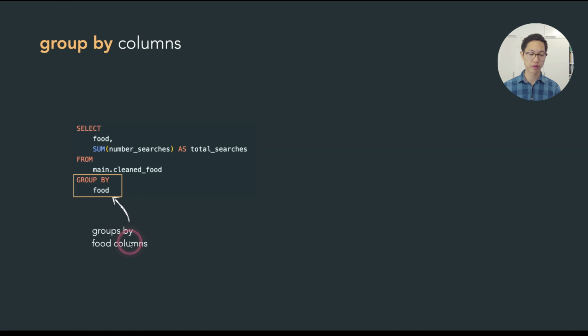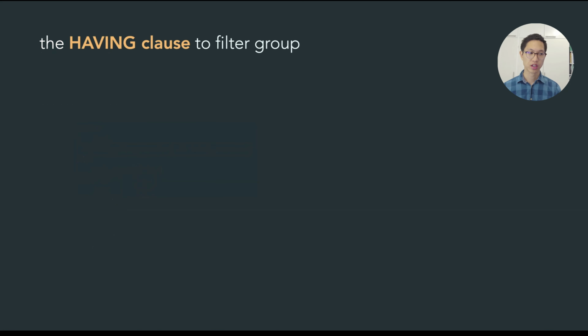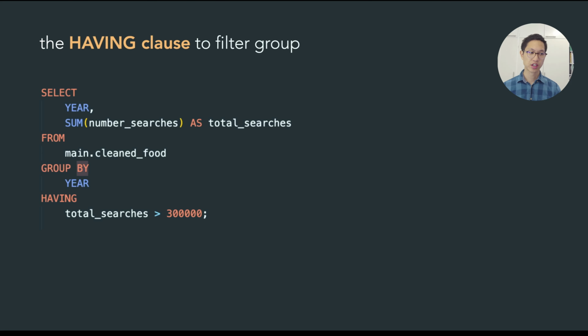We group by the food column, and here we combine it with the aggregate function. That is the idea. And then, with group by, we have something called a having clause to filter the groups. You may want to filter based on a certain condition that needs to be fulfilled. For example, here you select year and the sum of number of searches as total searches from this food table, and then you group by the year.